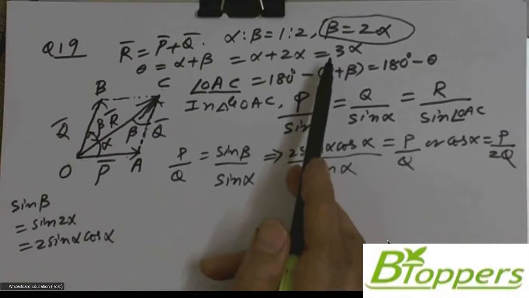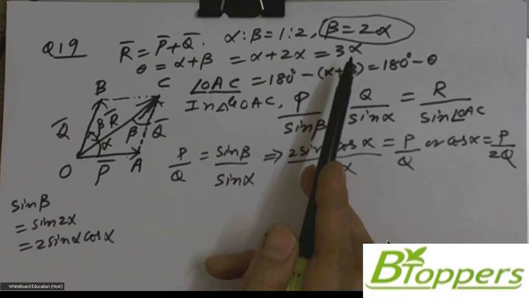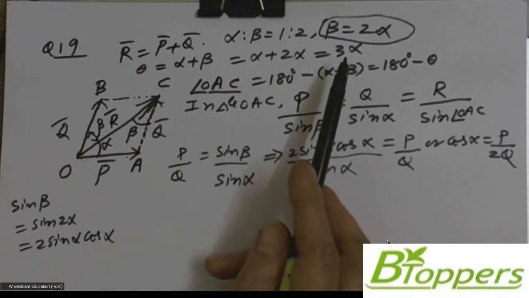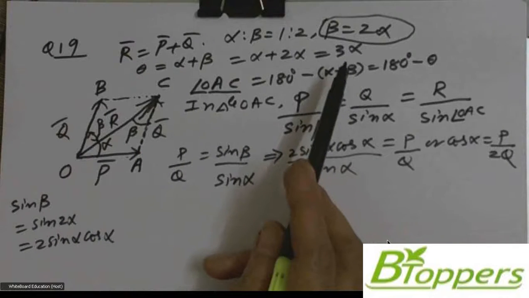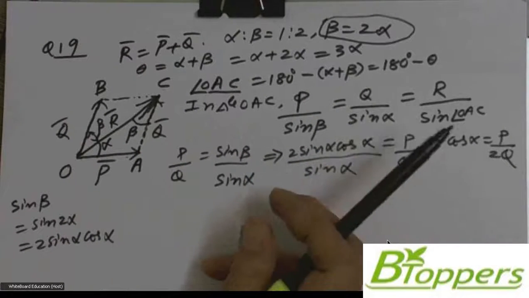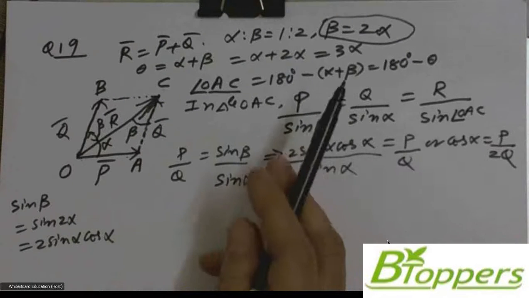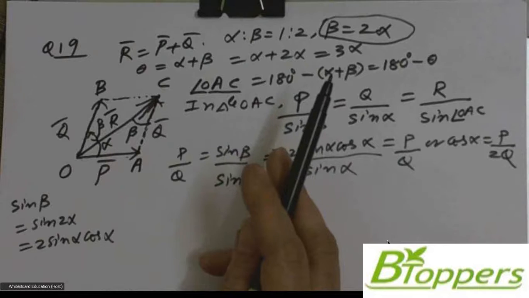Here theta equal to 3 alpha, so you have to find cos 3 alpha. You know cos alpha, so you can find cos 3 alpha from that and use that formula.